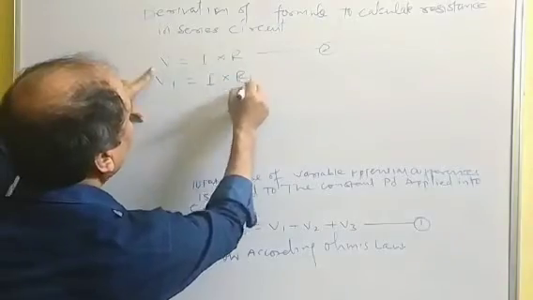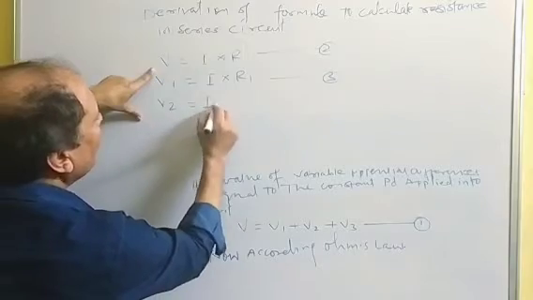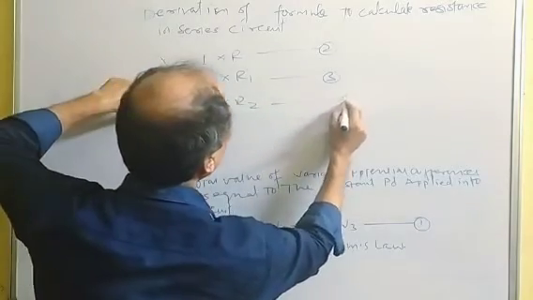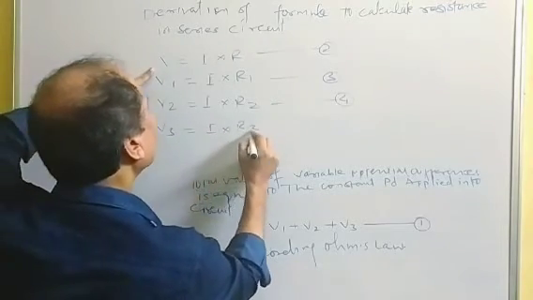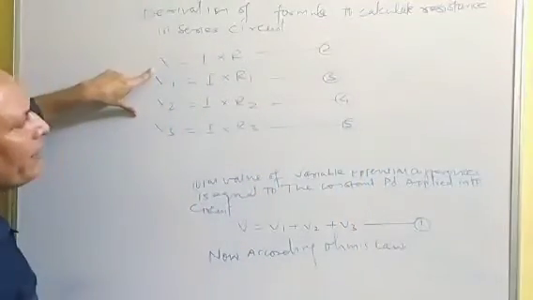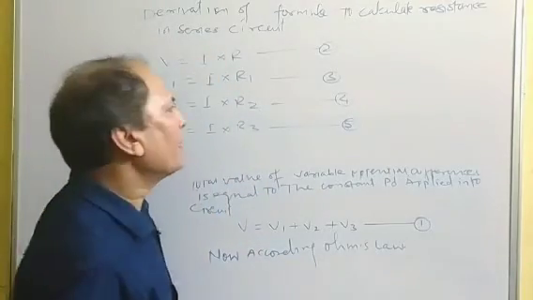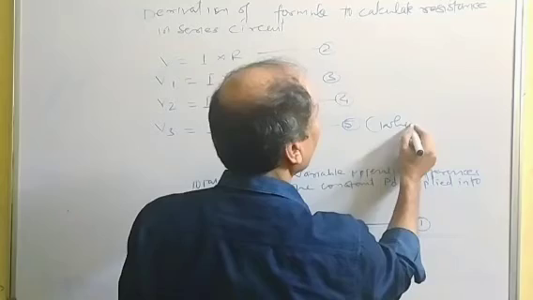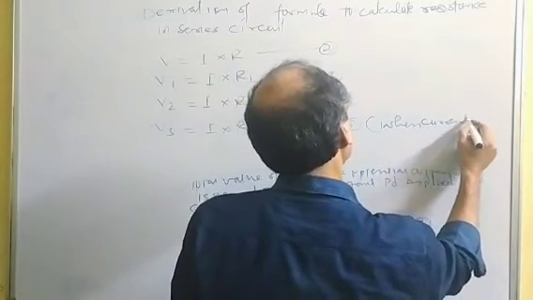So V equals I into R, equation 2. V1 equals I into R1, equation 3. V2 equals I into R2, equation 4. And V3 equals I into R3, equation 5. Why? Because current is constant.